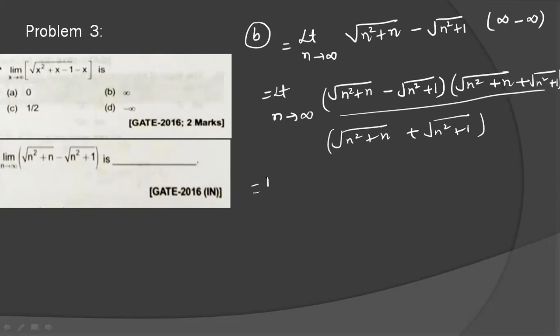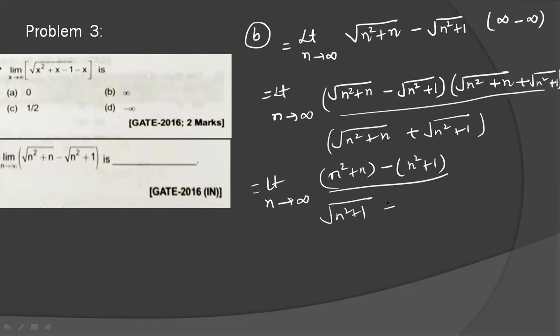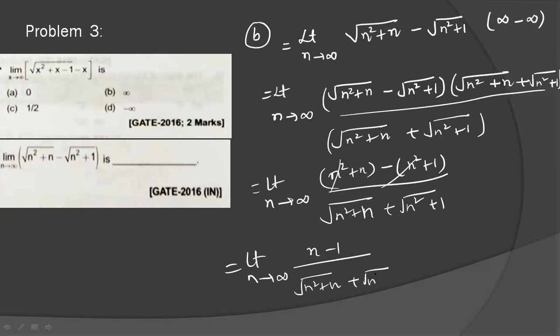Now you apply (a minus b) into (a plus b) in the numerator, it will give you a square minus b square, upon under root n square plus 1 plus under root n square plus n. N square is cancelled out. The similar question you got here: n minus 1 upon under root n square plus n plus under root n square plus 1.